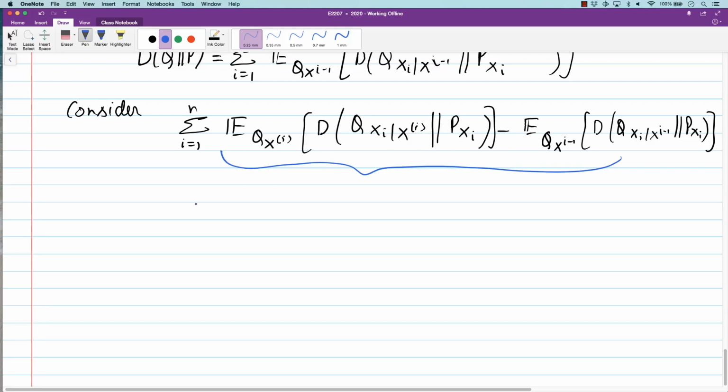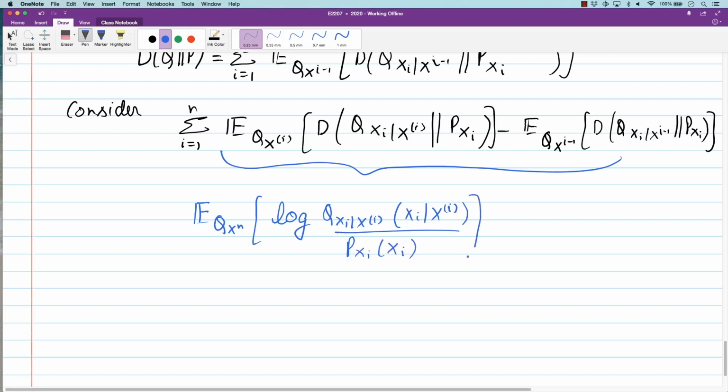It can all be compactly written as the expected value over the entire Q of x1 to xn of the log of Q(xi given the past) divided by P(xi).